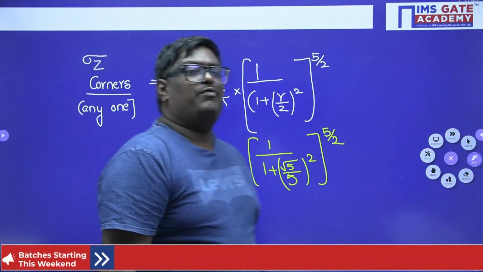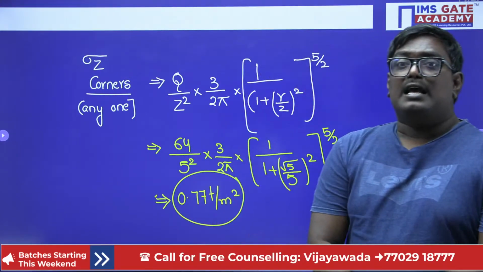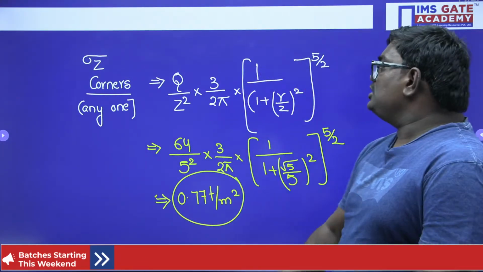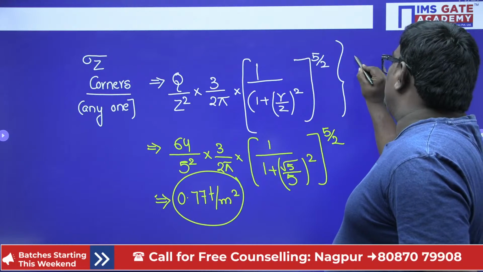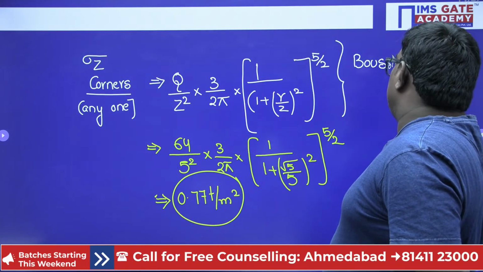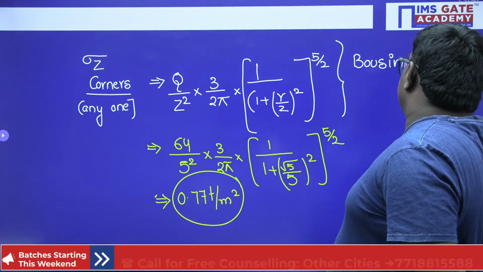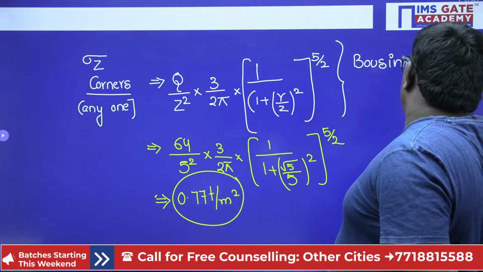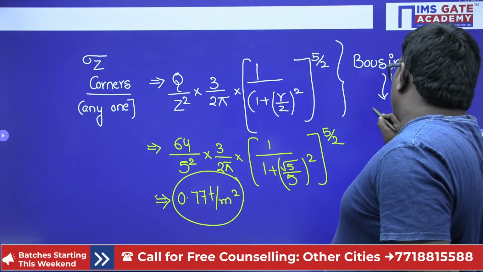And for your information, my dear students, they can ask you a very important question: Boussinesq's theory is best suited for shallow foundations. You might have heard about shallow foundation.